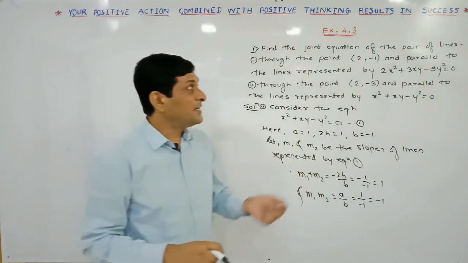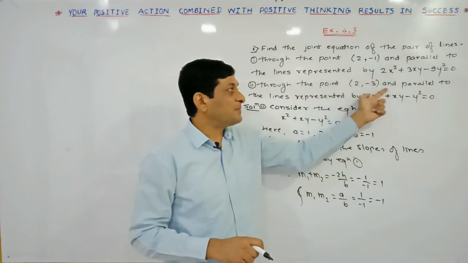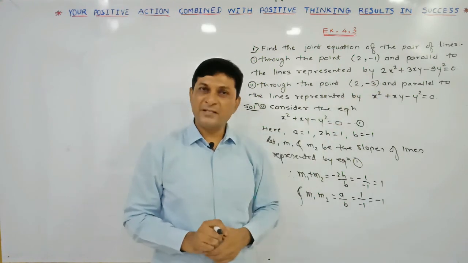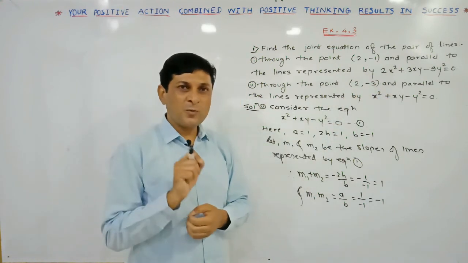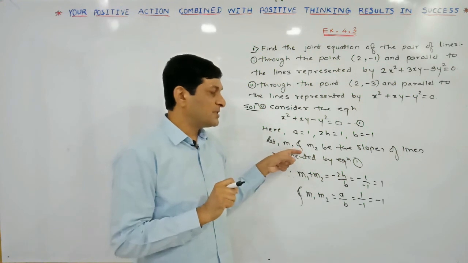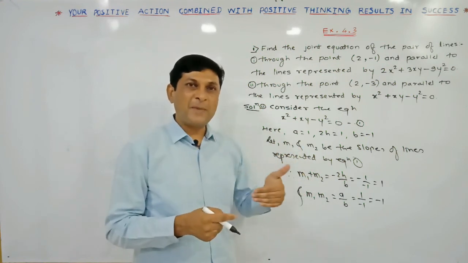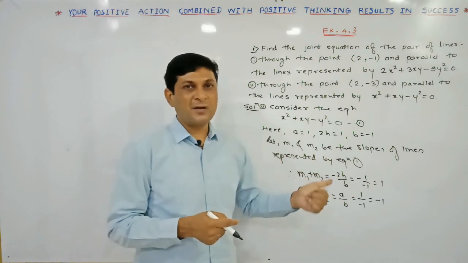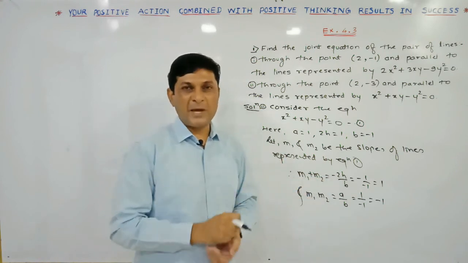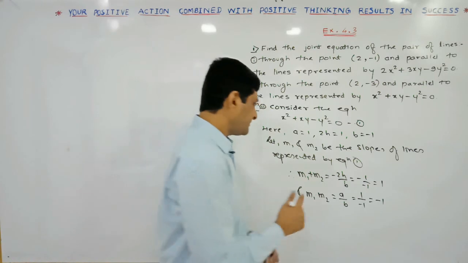Once these values are known to us, find out the slope of our required line. Now our required line is parallel to the line represented by this homogeneous equation. Slopes of the lines represented by homogeneous equation are m1 and m2. That's why we can say that slopes of the parallel lines are also m1 and m2, because if lines are parallel, slopes are equal.